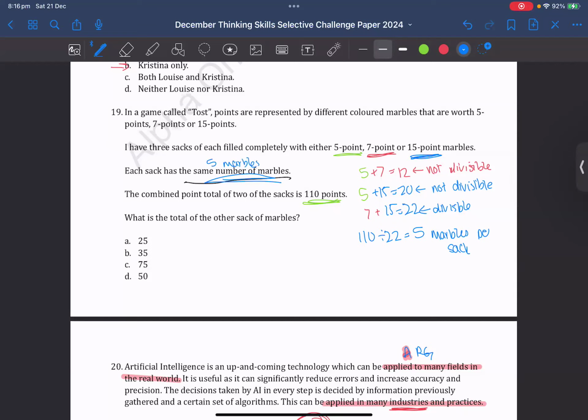Going back, we've used up our 7 point and our 15 point as the combo, which means we have 5 points worth in the other sack. So we do 5 marbles times 5 points to get 25, which is why A is the best answer for 19.